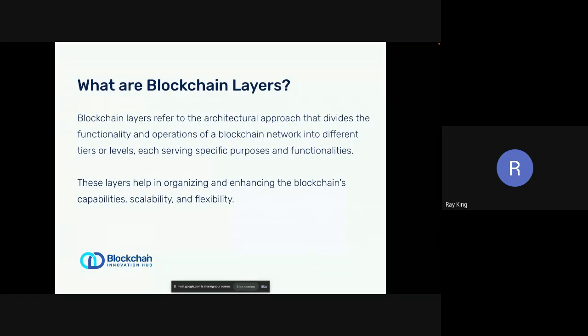Before you can put on the lintel, you need that foundation to be solid and upright before you can do other things. In the context of blockchain, these layers work almost in the same way. There's the fundamental infrastructure layer that is needed in blockchain. Once you have that, you can begin to build on top of it to have your blockchain fully ready.